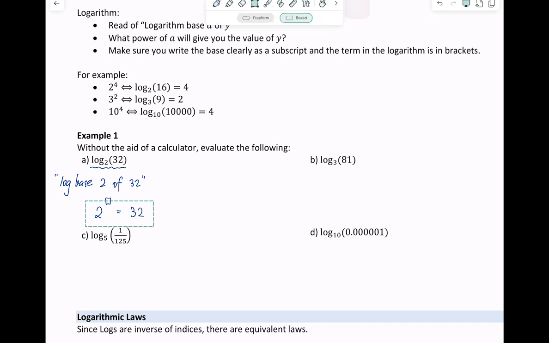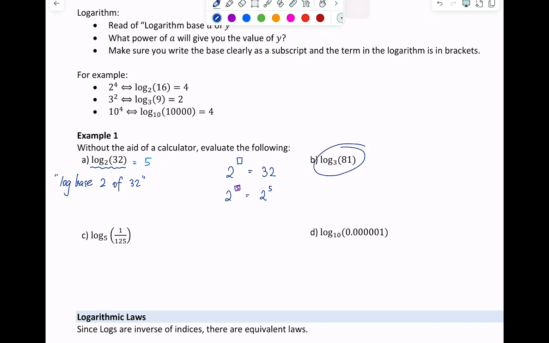If we take this as a little calculation off to the side, we can re-express 32 as 2 to the power of 5, which means that whatever is in that box there is 5. So the power is 5, which means that log base 2 of 32 is ultimately equal to 5. And you can see we're calculating without a calculator.